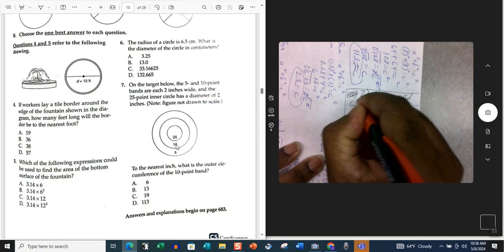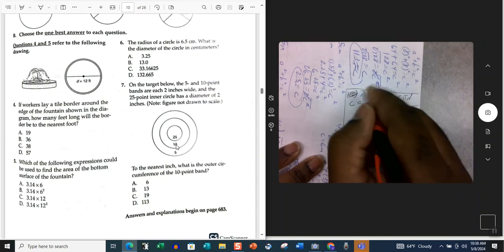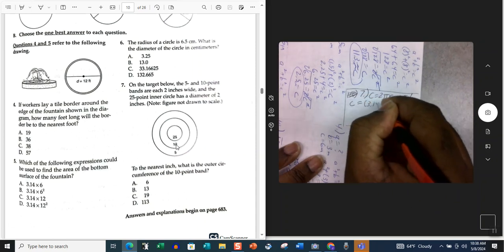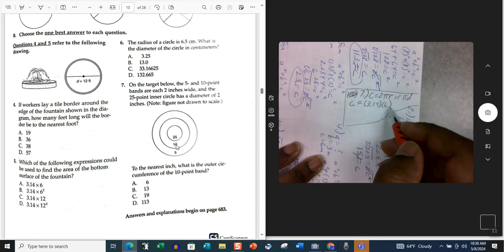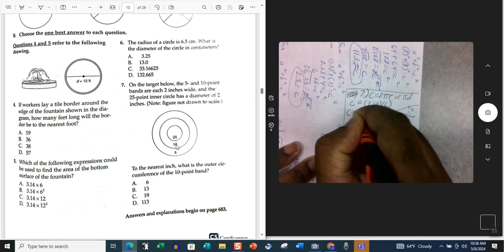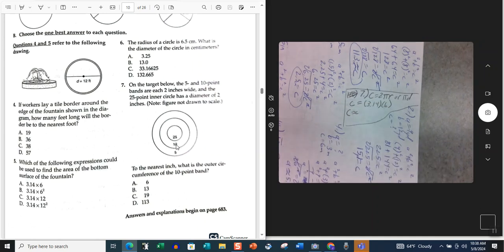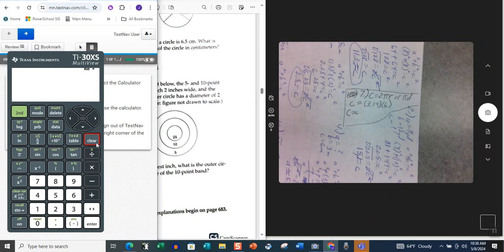Okay, so circumference is equal to the pi, 3.14, times the diameter. We already determined that the diameter was 6. So we have circumference is approximately, so we'll take the 3.14, open parenthesis, 6, and close that parenthesis.